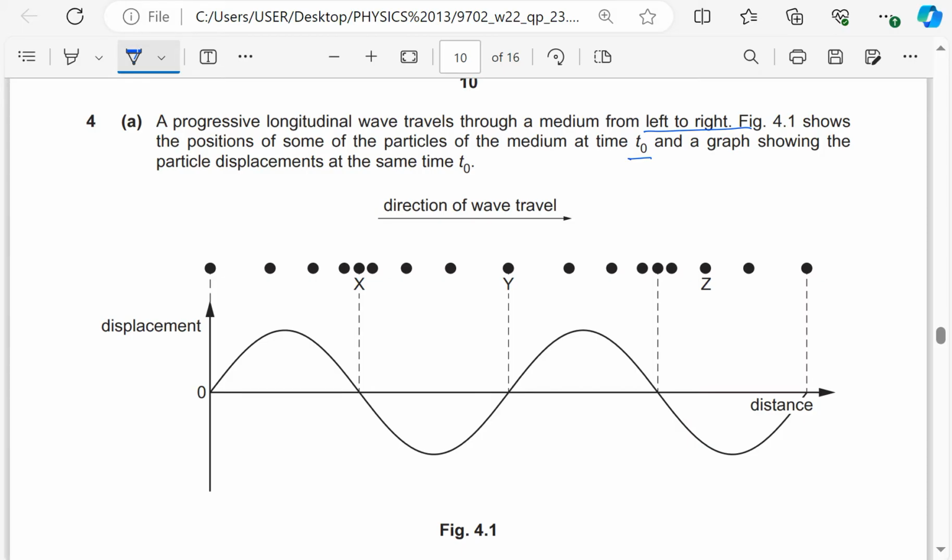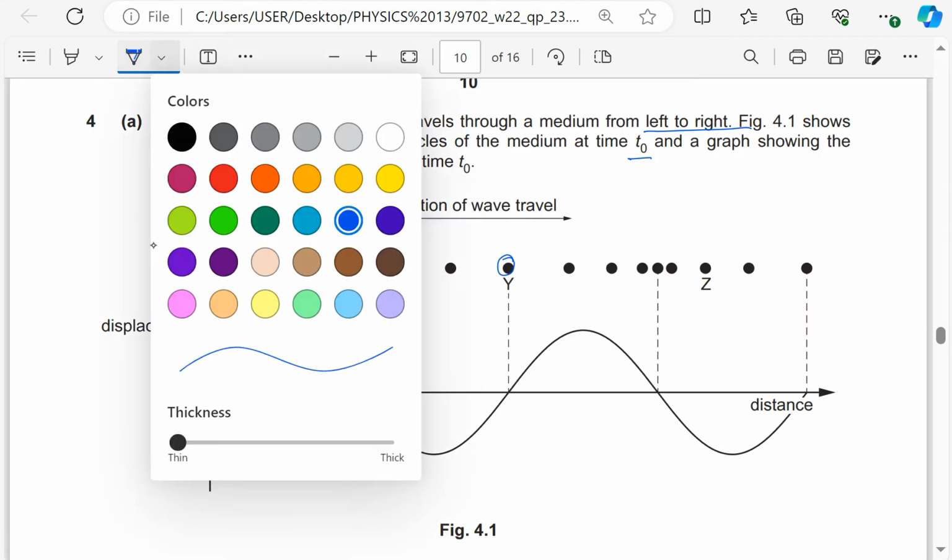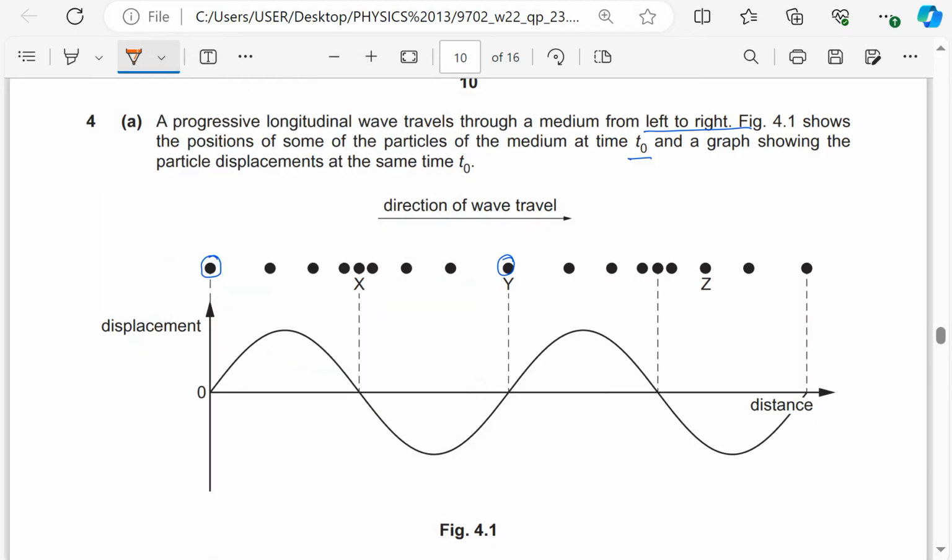So one wavelength apart, I could consider this particle here with this one. Those ones are one wavelength apart. I'll use a different color for different particles. I'll consider this particle here with this particle here. They are one wavelength apart. I will use a different color for another pair.